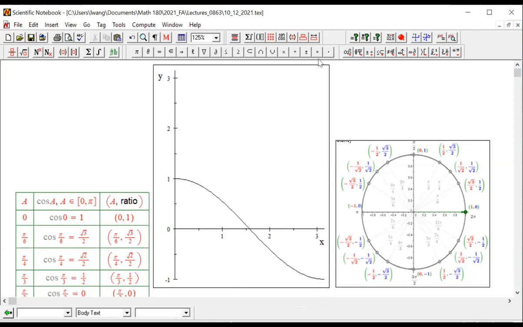We talk about the case of pi over 3, right? We measure from the standard position, counterclockwise, pi over 3. And we pick a point on the terminal side of the angle.